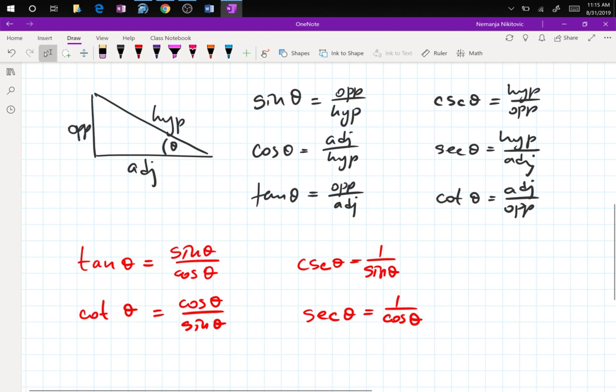This is just the start. These trigonometric functions give us ratios of the length of a side.